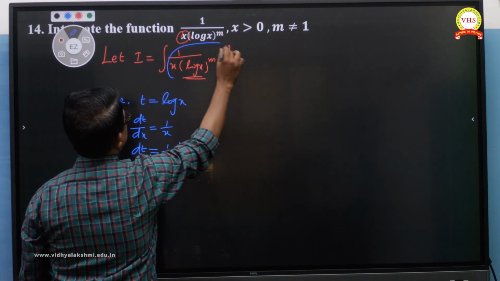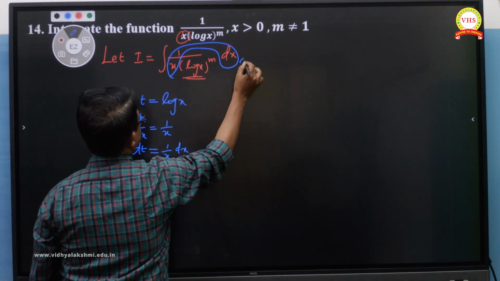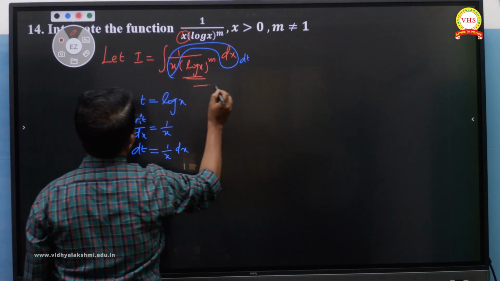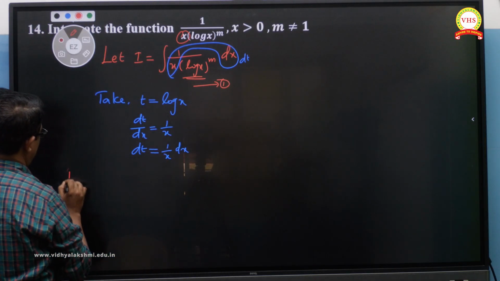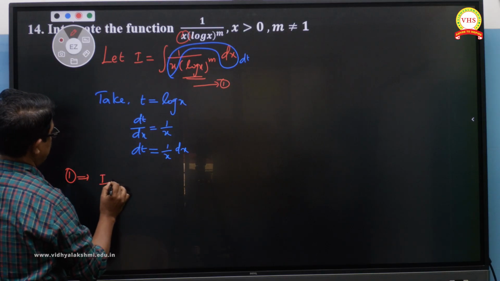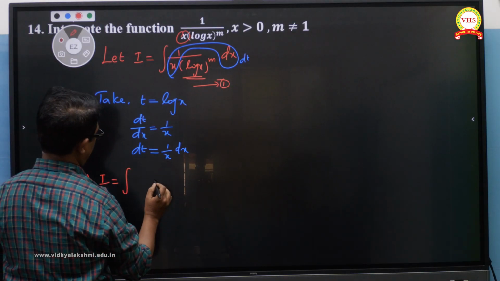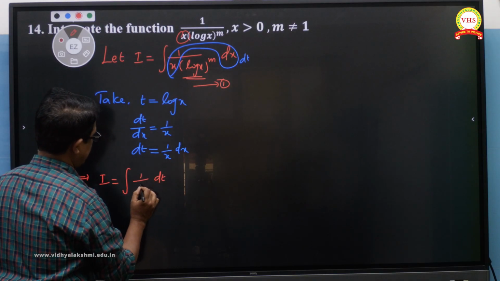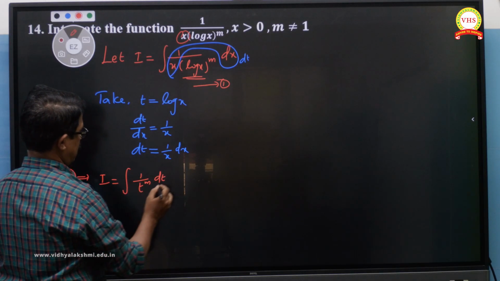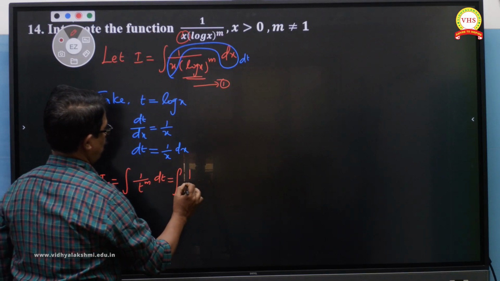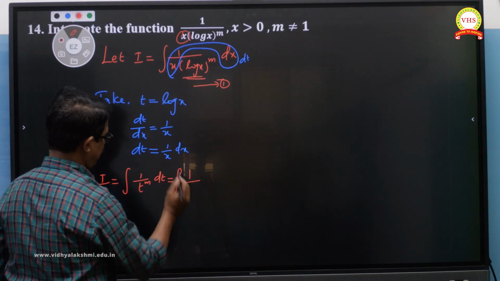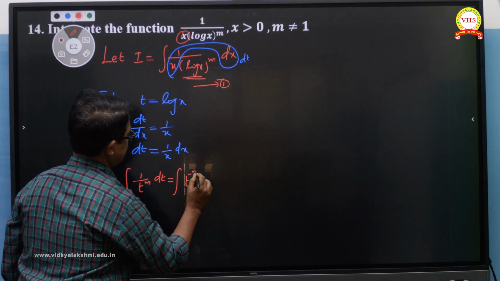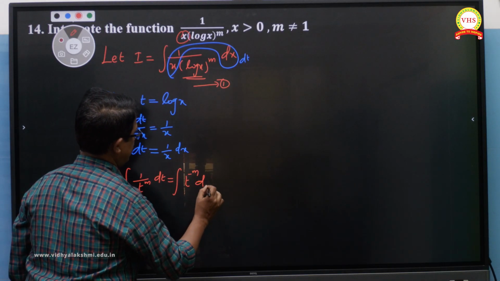Now equation I becomes integral of 1 by x dx as dt, and then 1 by t power m. This is equal to integral of 1 by t to the power of m, m becomes numerator, power minus m, into dt.